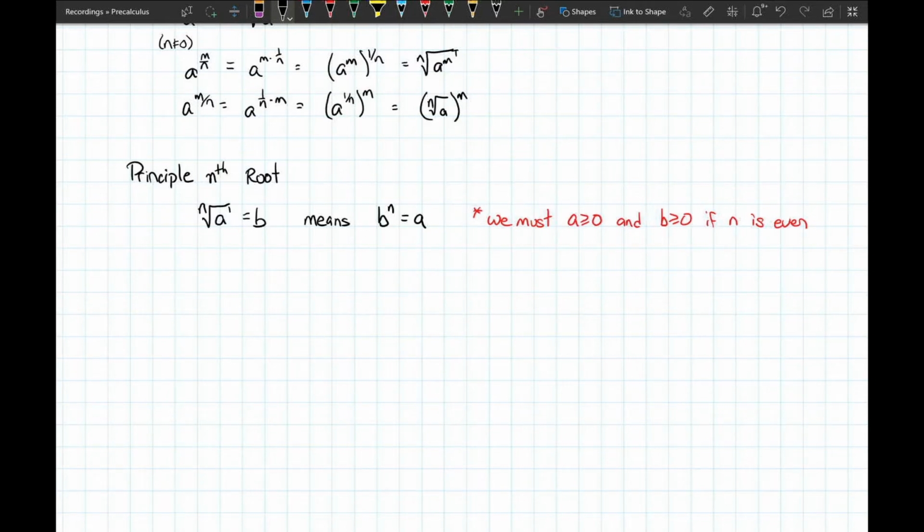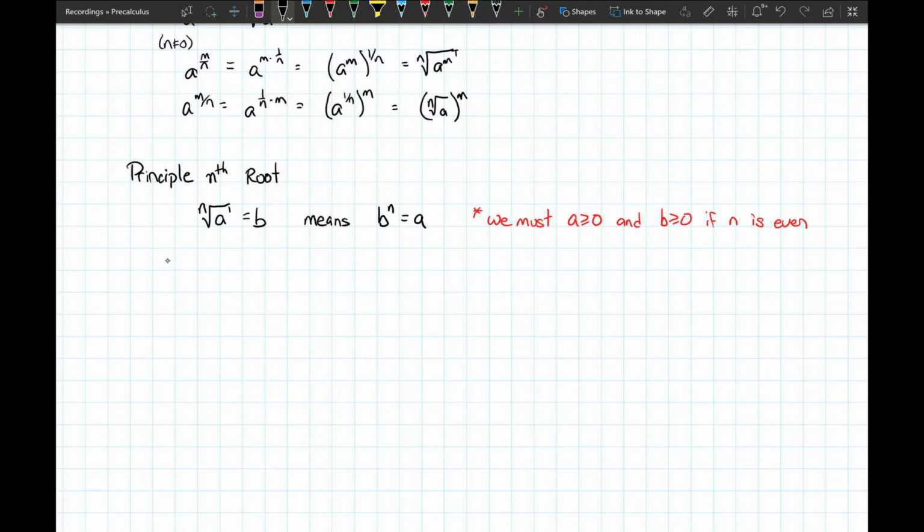Now, if you think about the nth root as just being the exponent 1 over n, then we can apply some of the same rules for integer exponents from before. So specifically thinking about rules 5, 6, and 7 about how we can distribute exponents across multiplication and division, or how we can combine exponents, we can use those same techniques to distribute and combine roots.